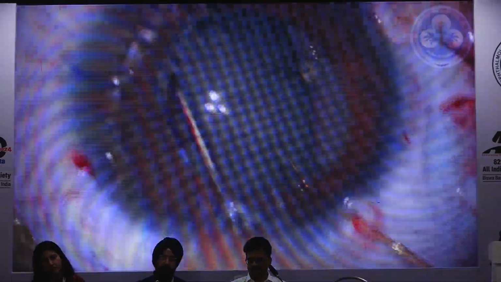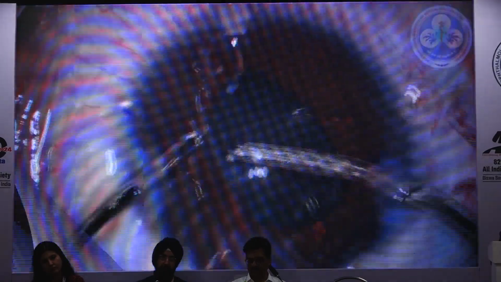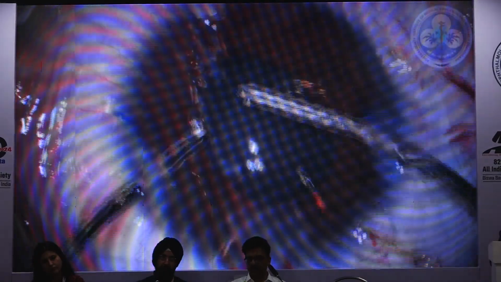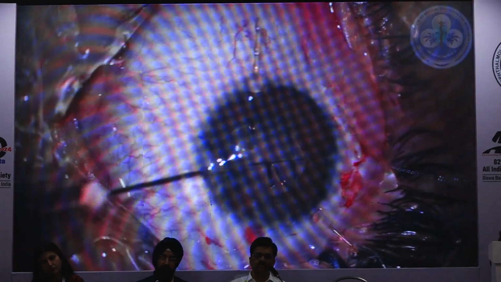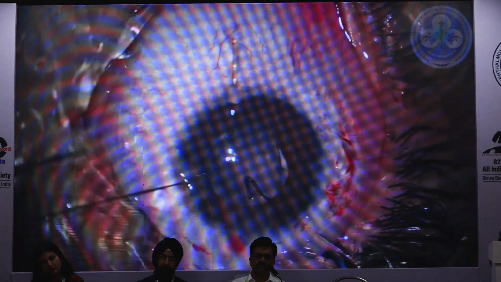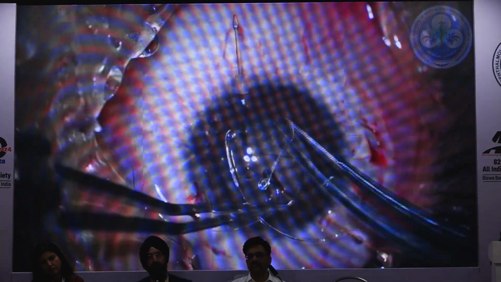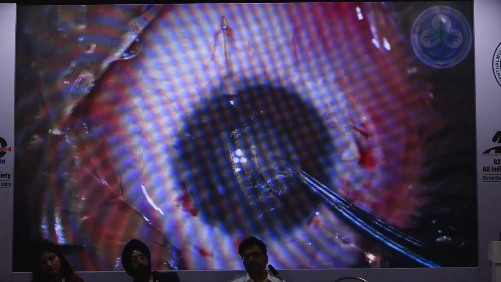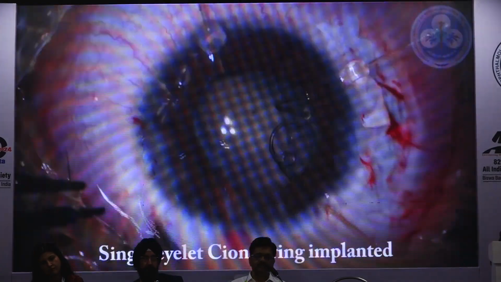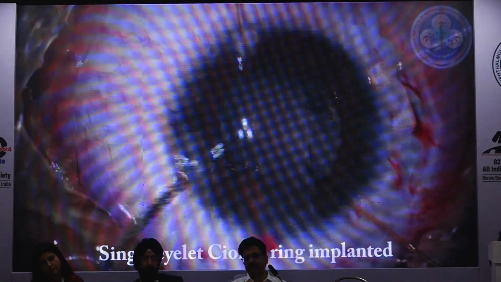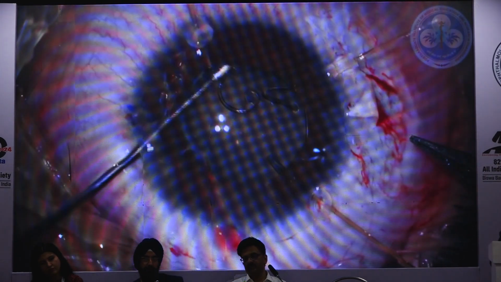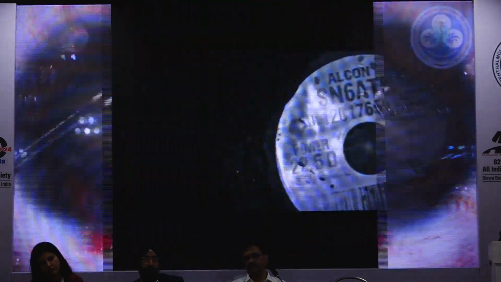These are the capsular hook. And cortex is removed from the capsular bag. And Sioni ring is implanted into capsular bag, and to achieve the perfect centration of the IOL in the bag.